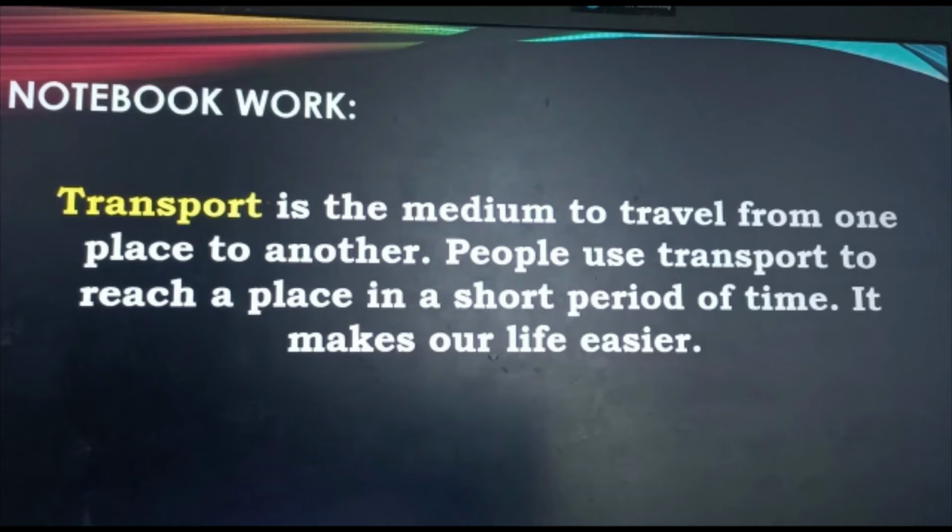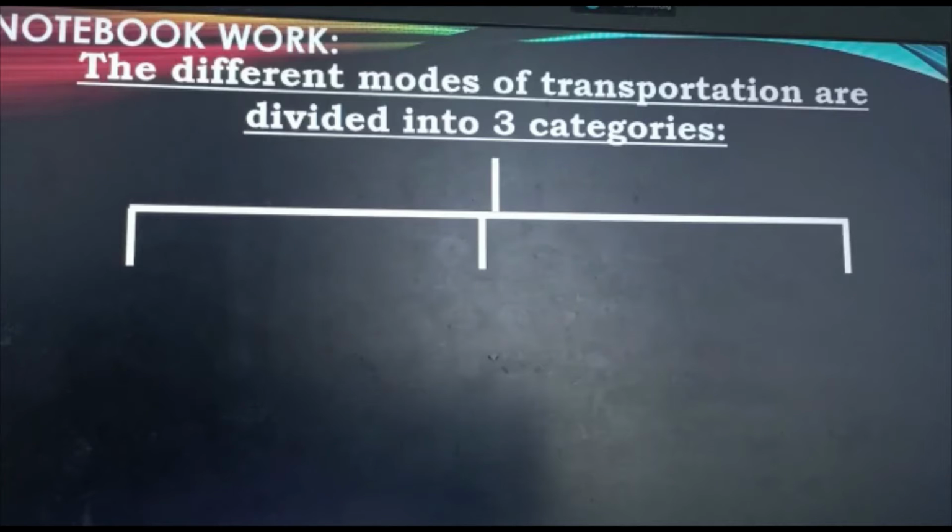Now, people use transport to reach a place in a very short period of time. It makes our life easier, really easier. So please do write this in your notebook so that you can get the best out of it and go through it whenever you are confused. Next, I would like you all to write down in your notebooks the different modes of transportation.